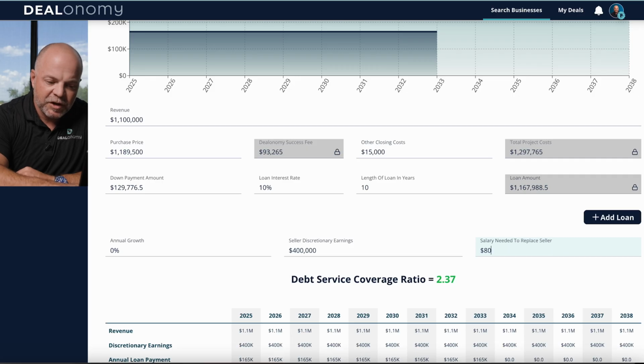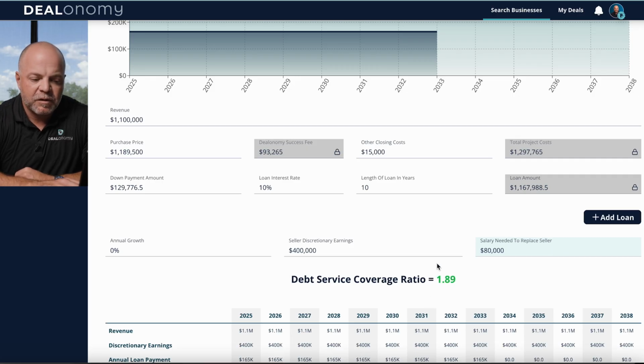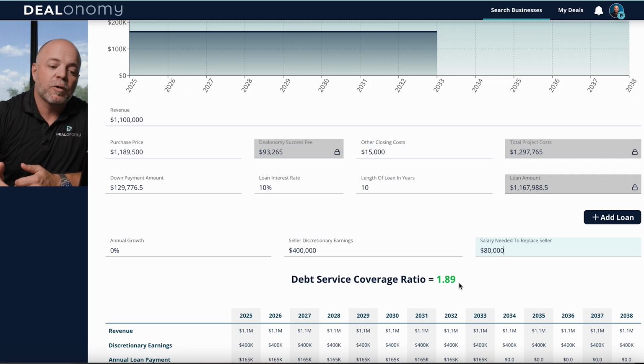But as you see, as I change these numbers, the debt service coverage ratio changes because it takes into account the money available to service the debt after you pay yourself the salary you need to replace the seller. And what we really want to see is a debt service coverage ratio, ideally at 1.5 or higher.